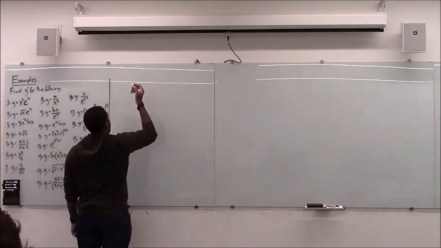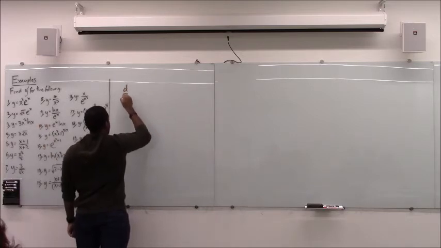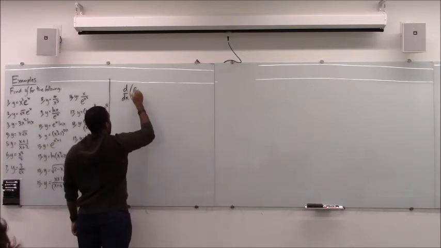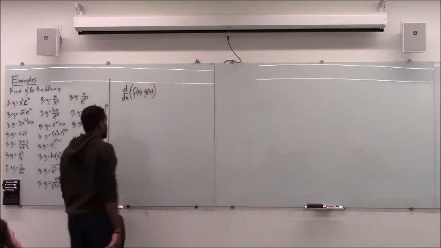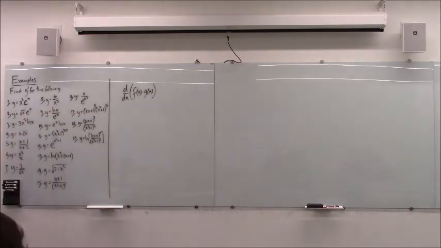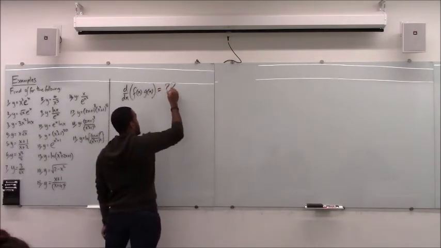So one concern is, as in problem 1, you'll notice that you have sort of this situation here. You have two functions being multiplied together, and you want to know how would you go about differentiating that.